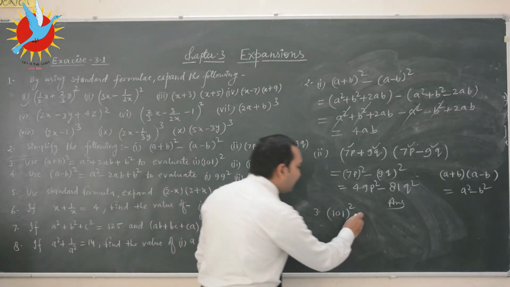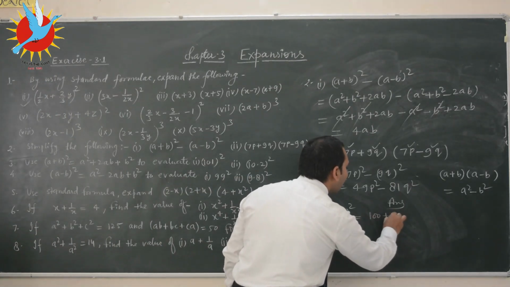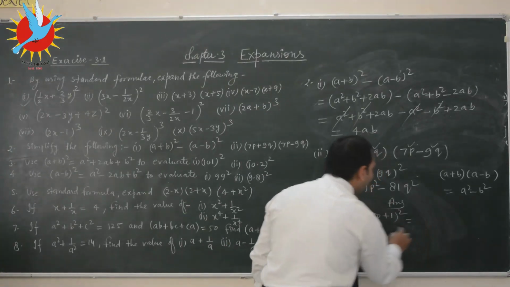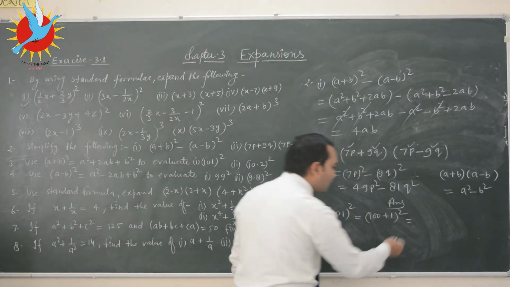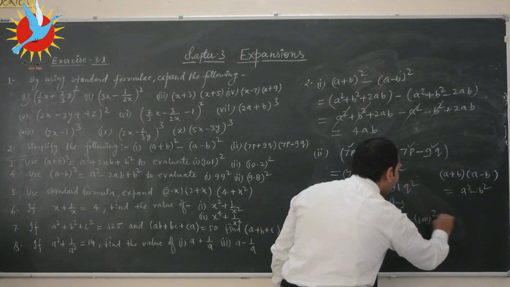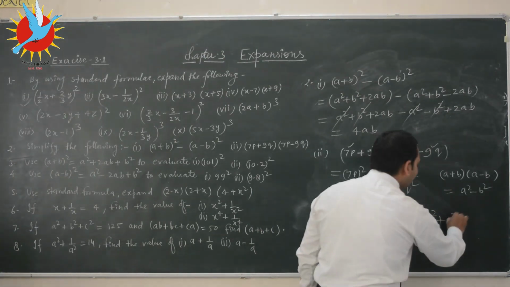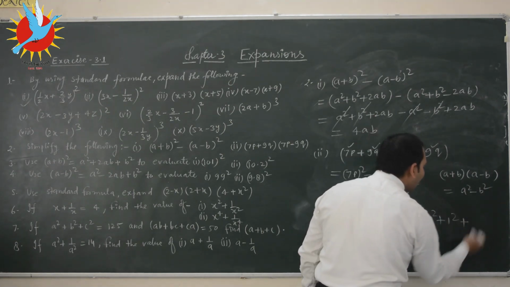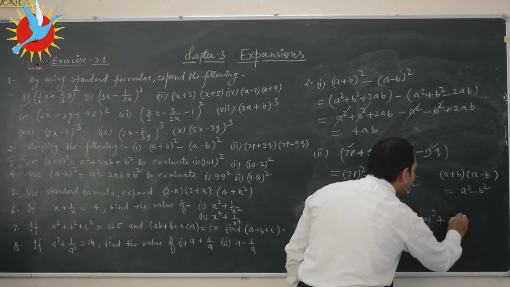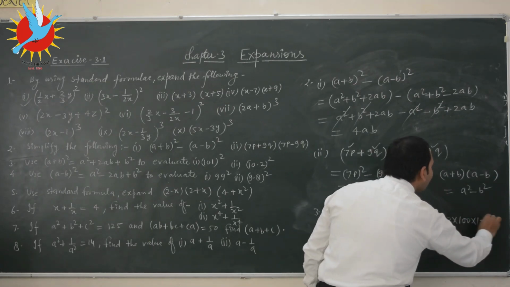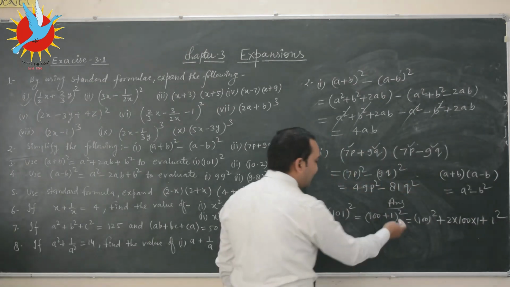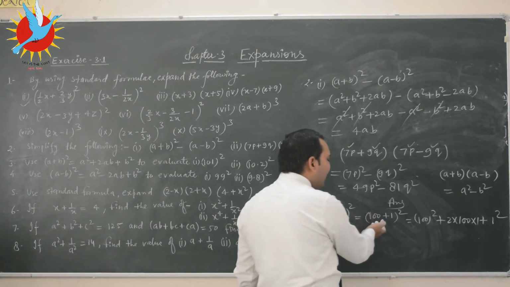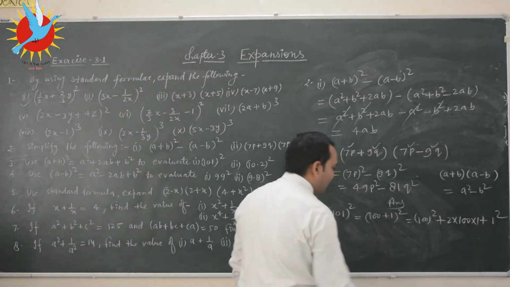So we can write (100 plus 1) whole square, that is (a plus b) whole square, which is a square plus 2ab plus b square, where a is equal to 100 and b is equal to 1. We can write 101 as 100 plus 1.